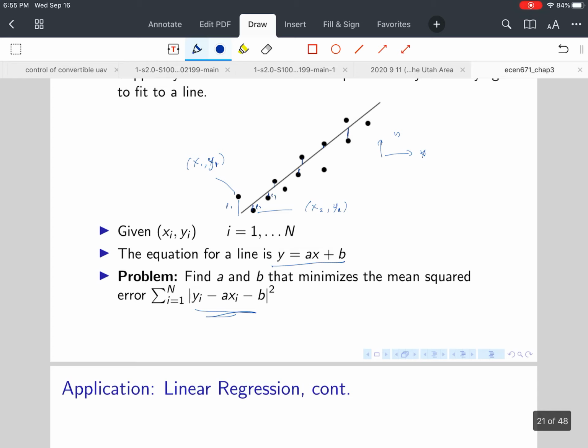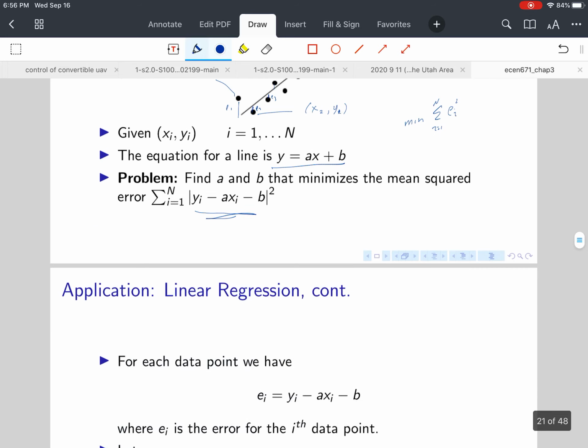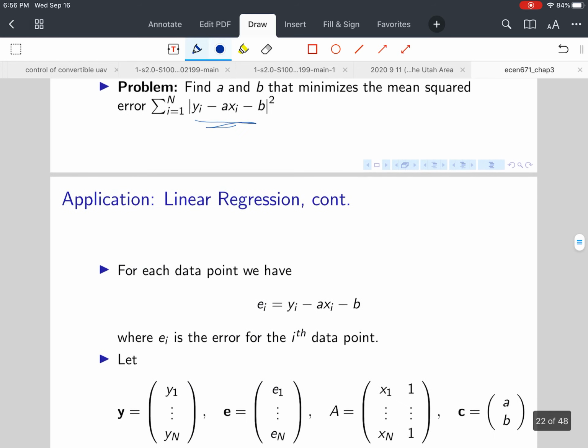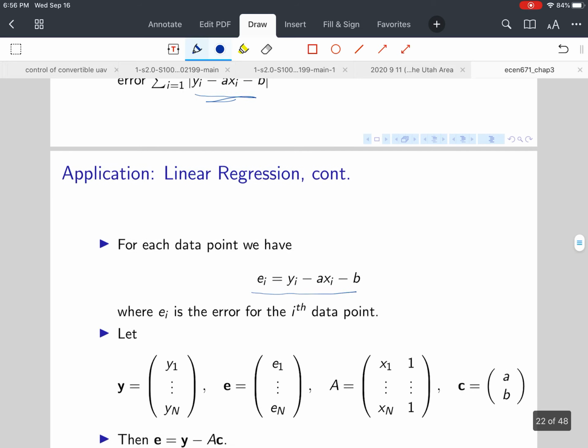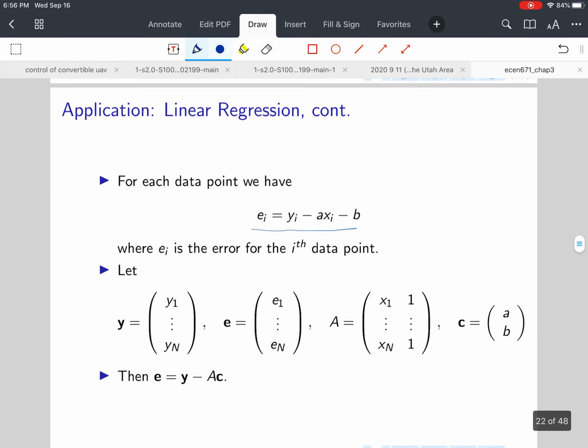E3, and we want to minimize the sum of these squared errors over all of your data points, i equals 1 to n. Okay, how do we solve this problem? For each data point, we have an error: yi minus a xi minus b, and that's for every data point.